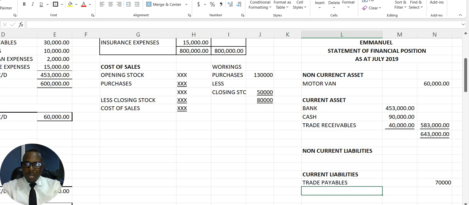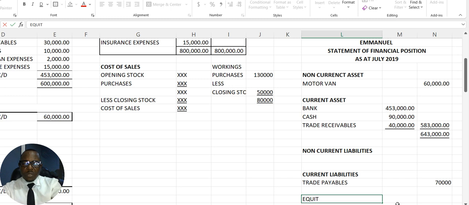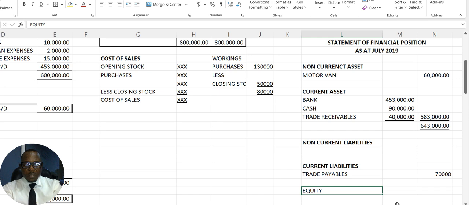Okay. Since we don't have any other item here, the next thing is your equity, which is the section for the capital. You understand it?